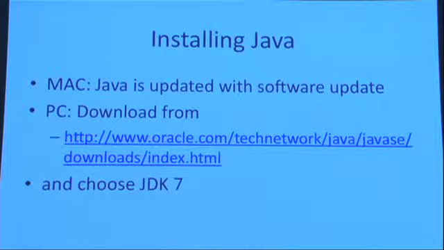You can go through your JDK and see if you have the correct Java versions installed. For PC, you go to that link right here, and you choose JDK 7, and you can download that one with documentation so you can actually develop on your local computer without internet access.